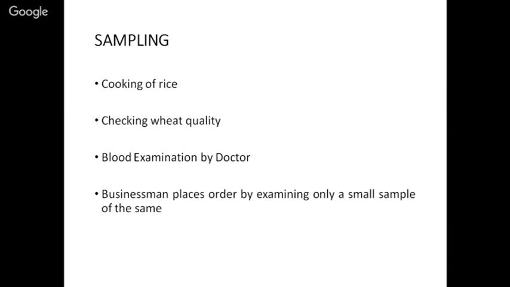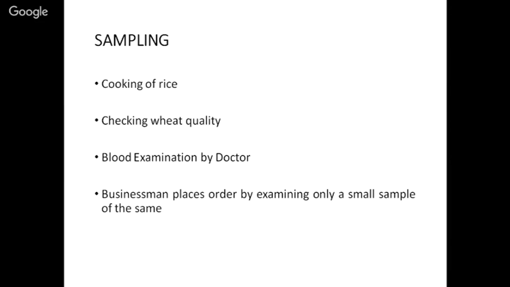If in my class there are 60 or 70 students sitting in the classroom, what I'm going to do to check the quality of the instruction, I'll pose questions to 1 or 2 students, and from that representative sample I come to know whether my class is able to understand the whole topic or not. This is again an example of a sampling process. This is a common example that we are using in our day-to-day life.